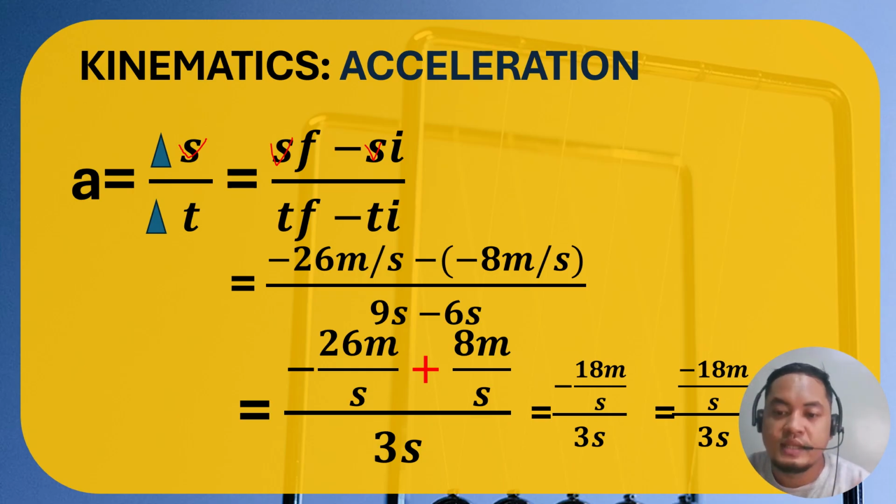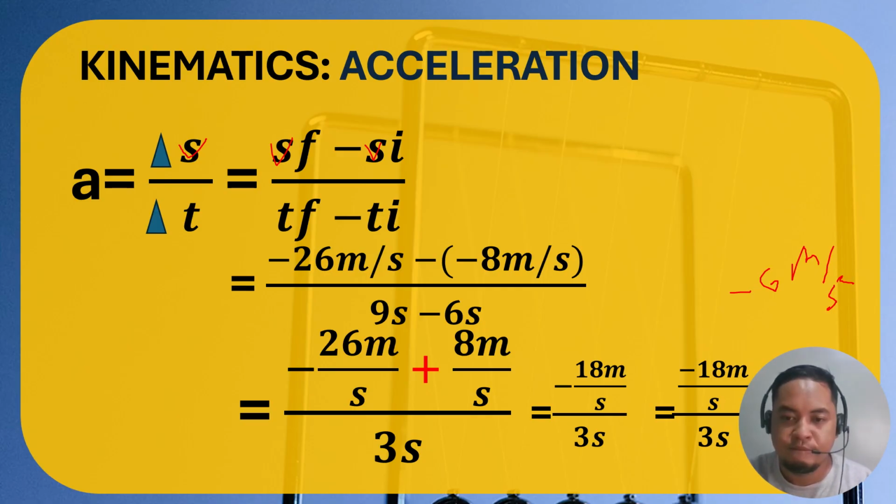And it should be negative. Negative 6. I'm very sorry for my handwriting. Meters per second squared, since it's acceleration. This is our unit. Okay, it's negative 6 meters per second squared.